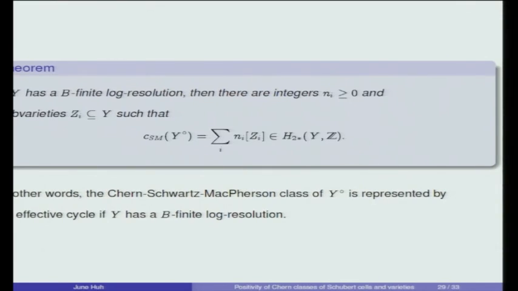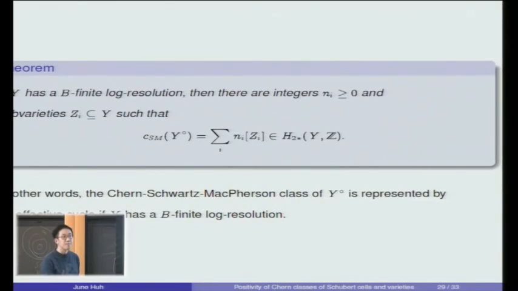So in other words, the Chern-Schwartz-MacPherson class of the open dense part is represented by an effective cycle if Y has a B-finite log resolution. This is one of the facts that are needed to argue in the Schubert varieties in the Grassmannian case. They do have such a resolution of singularities.